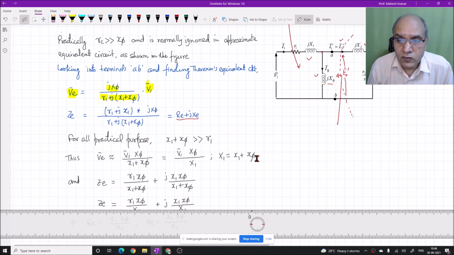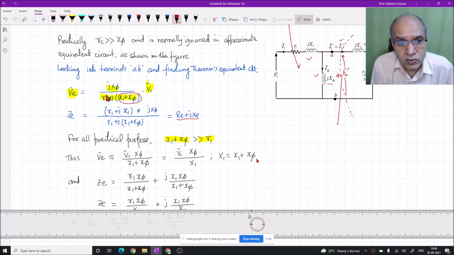And there is one more approximation here, that for all practical purposes X1 plus X phi is far greater than R1. So we can neglect this R1 here because this value is quite high as compared to this value, so this is being ignored. The j and j is gone this side, and therefore it becomes V1 into X phi by X1 plus X phi.